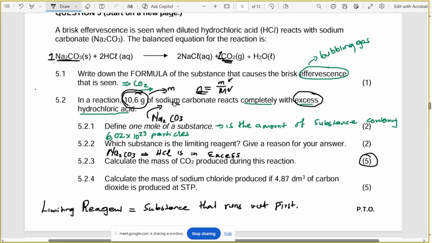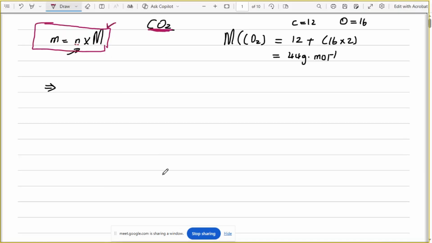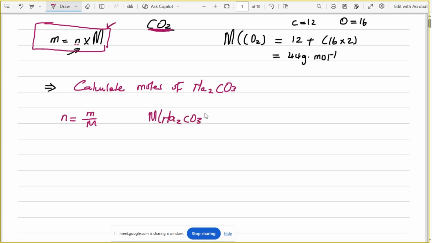Yes, please. Okay. First step, let's calculate the moles of sodium carbonate. If you still remember the formula, it's n is equal to small m over big M. I need to find the molar mass of Na2CO3.